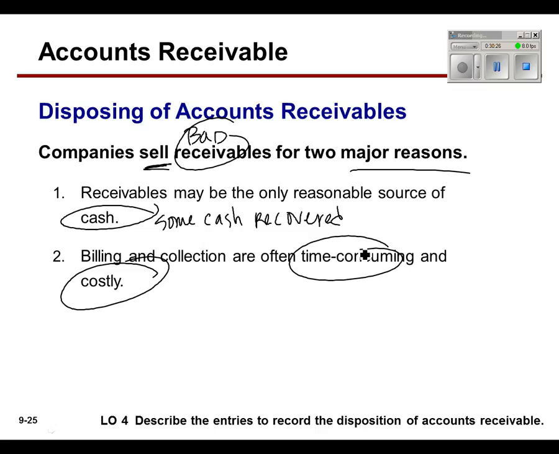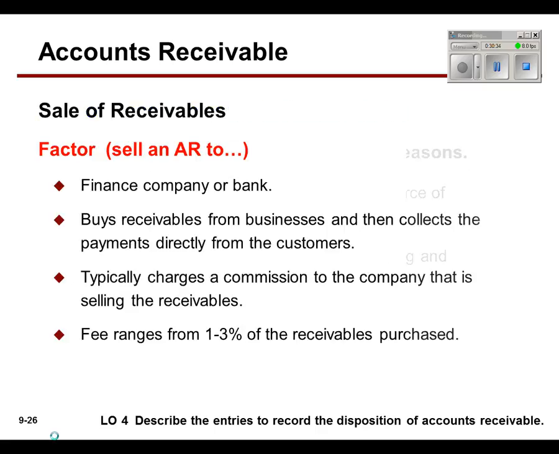Who do we sell them to? They're called factors. We sell an AR to a factor. Well, who in the world is a factor?